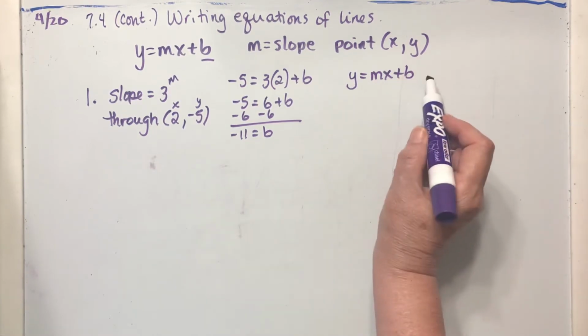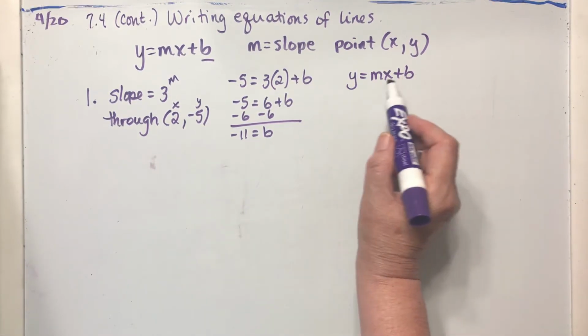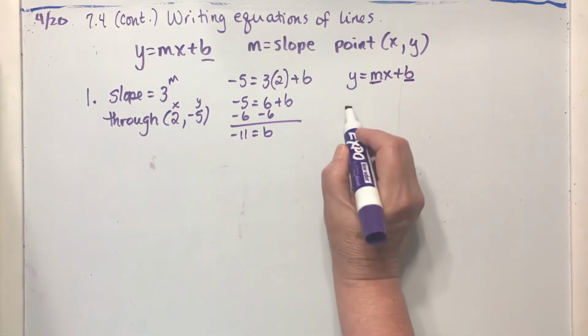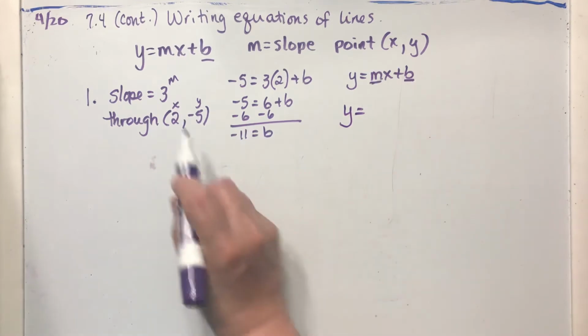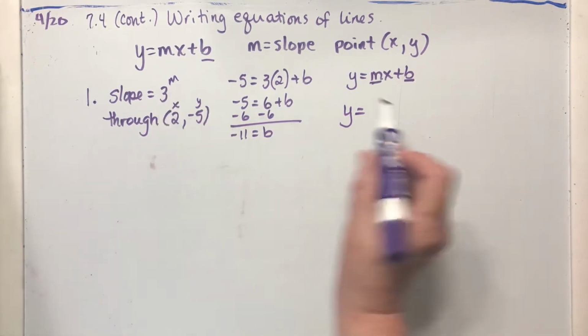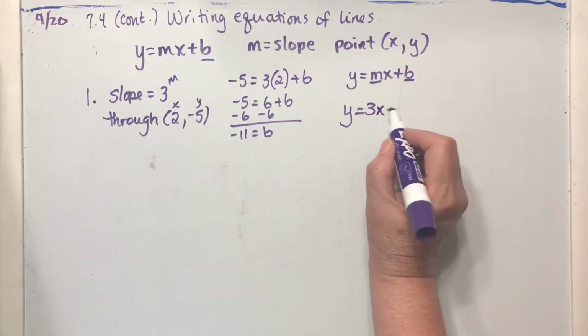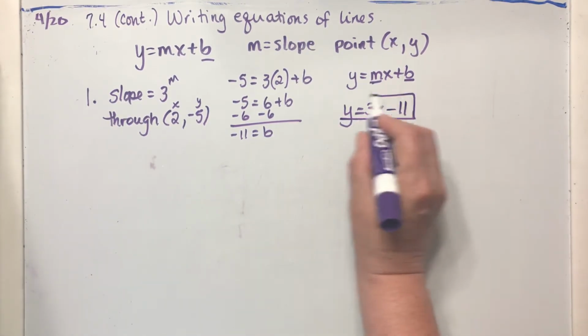But now to write the equation of the line, the only numbers you're going to fill in are the m and the b. So y is going to stay y. M we were given as part of our given information, it's 3. X is going to stay x, and we just found b was -11.